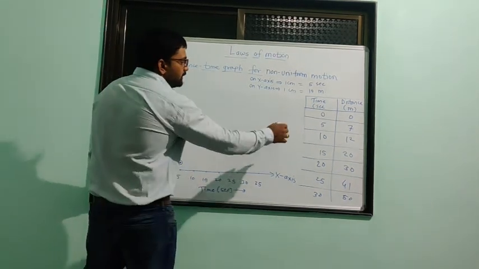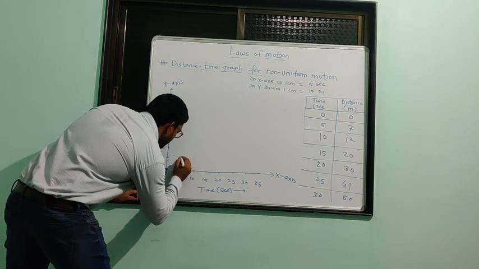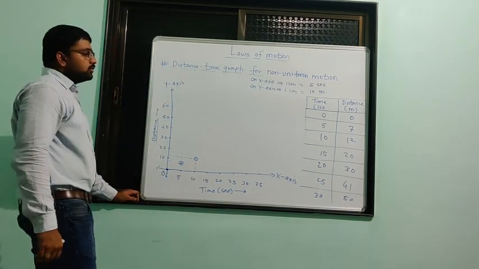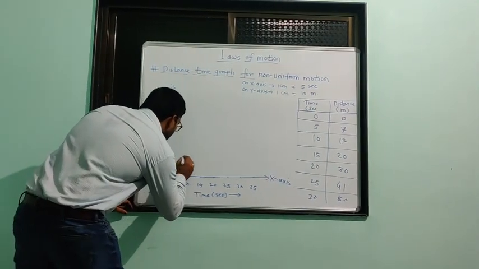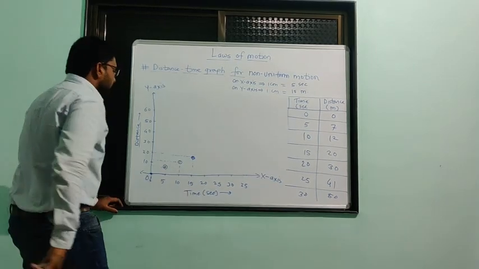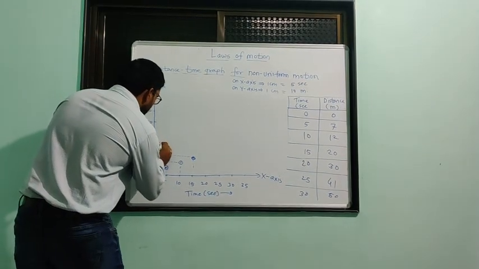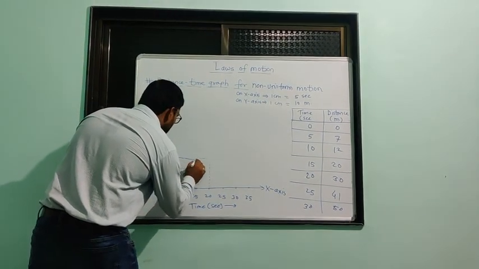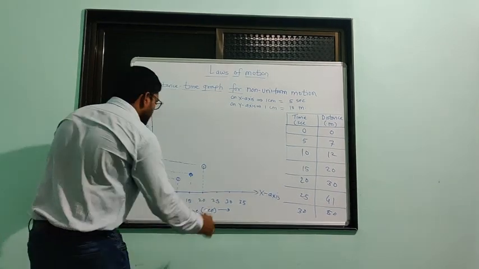Then the next is 10, 12. This is 10, suppose this is 12, so the second point is somewhere here. Then 20 and 30, this is the 30, this is the 20, so our point should be somewhere here.